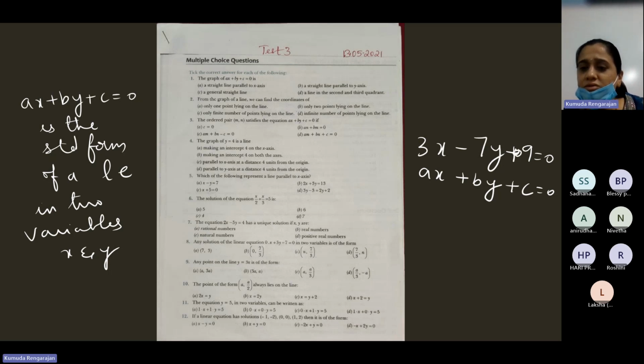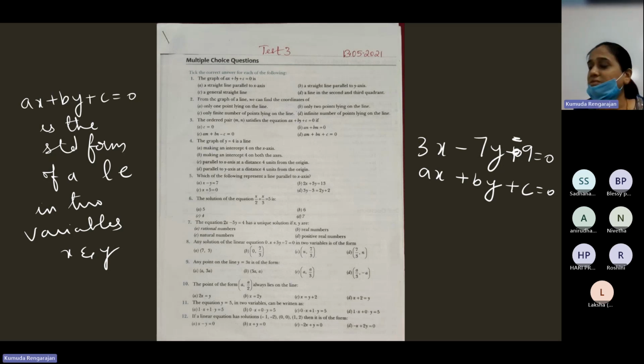This can be minus also; in that case, c is minus 9. So 3x minus 7y plus 9 is equal to 0, or minus 9 is equal to 0.